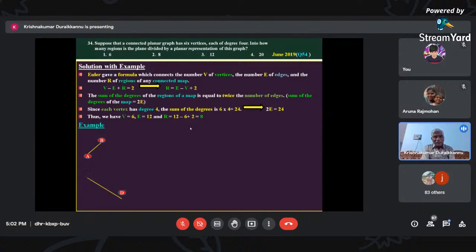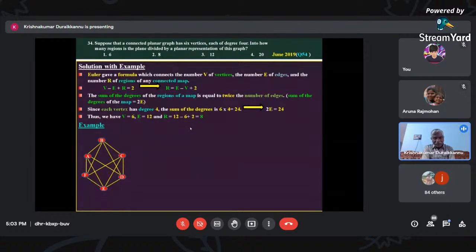From A it has 4 degrees: A to B, B to D, A to E, and A to F, 4 degrees. So B can also have 4 degrees: B to A, B to C, B to D, and B to E. C is already having C to B, then C to 2, 3, 4 degrees. D is already having D to E, D to A, D to C, D to B. Then one more, 4 degrees.